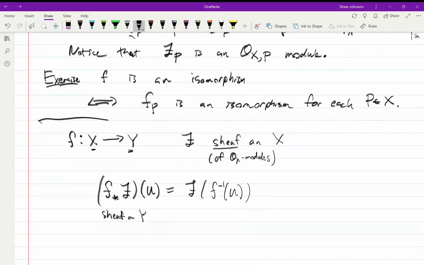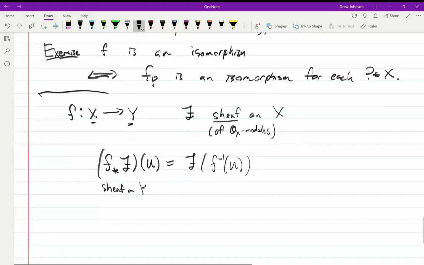In order to use F, you've got to have an open subset of X. And if you have an open subset of Y, how do you get an open subset of X? Well, this little f is a continuous map, so we just take the inverse image and get an open set here. There we go.